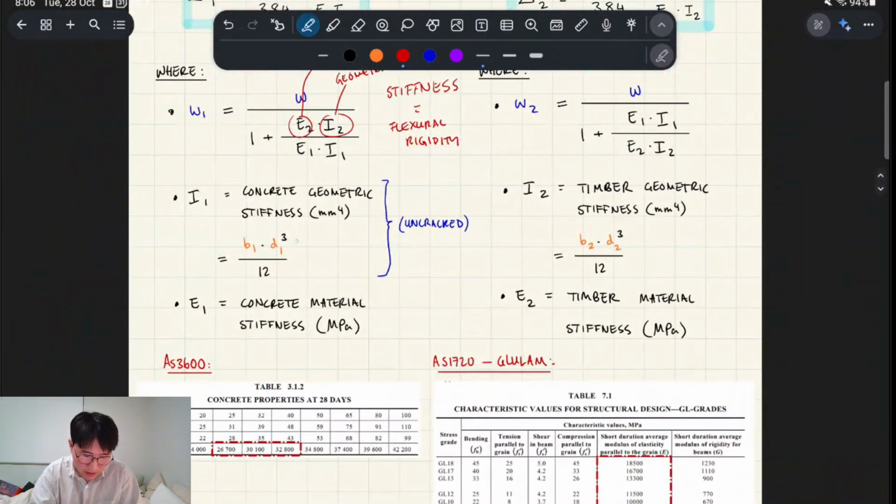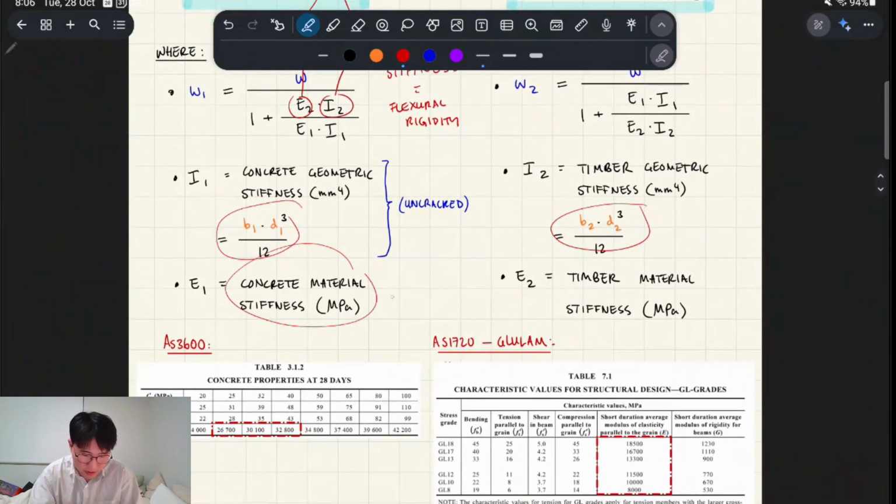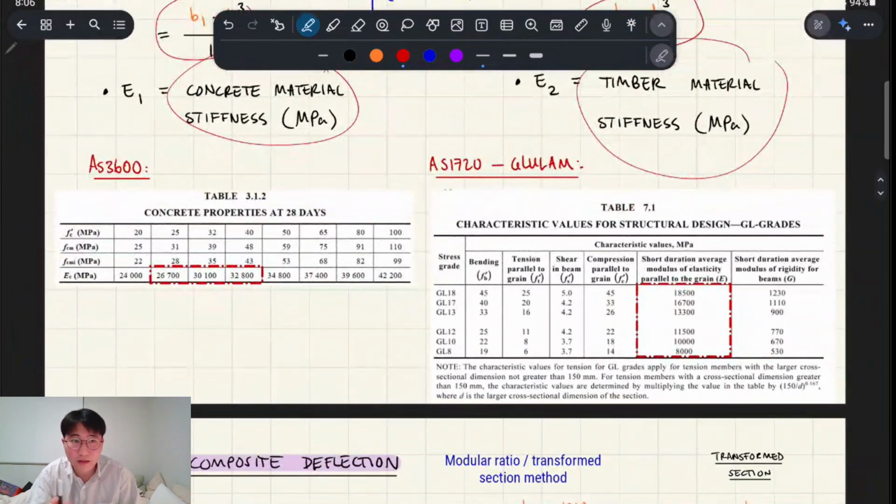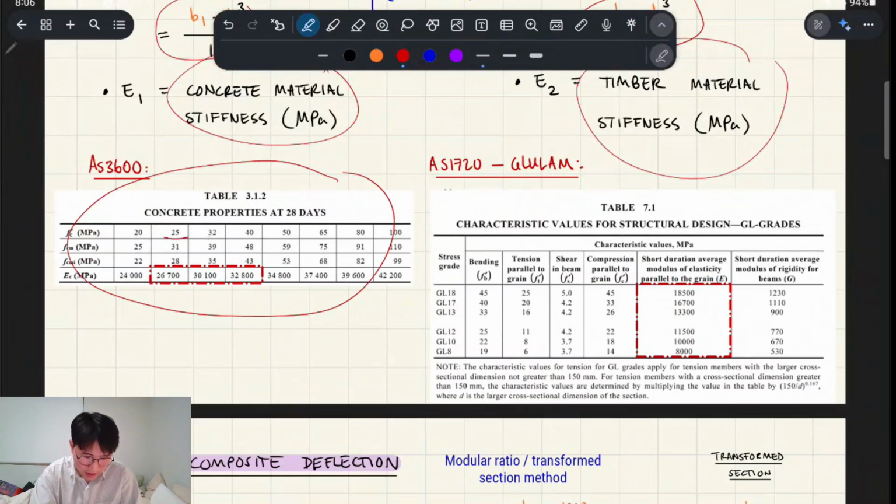And I've just put in your formula for moment of inertia for a rectangular section. And you've got material stiffnesses for timber and for concrete. So here I've provided AS3600, which is from the concrete code. These are the most common compressive strength mixes for concrete, and then their corresponding material stiffnesses, or elastic modulus, right?